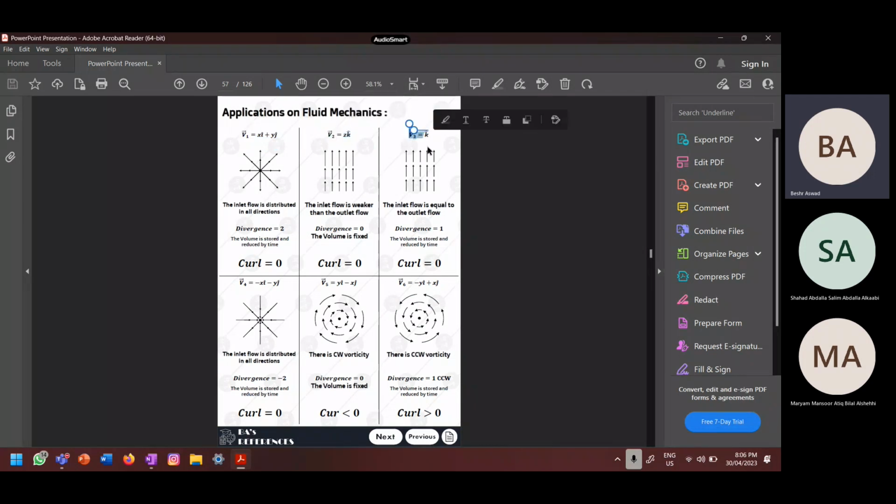I gave you the values of these. Apply curl and divergence, and you must get the same answers. This will give you the understanding of what you're doing here. Then you can memorize them. I don't like memorizing, but if you understood this, you can memorize by understanding.